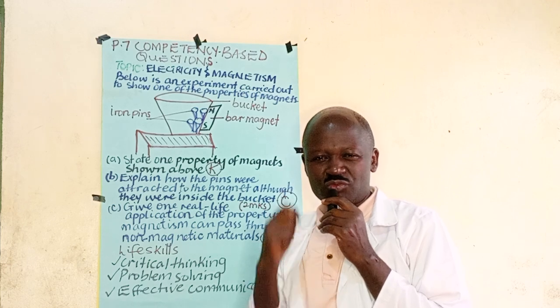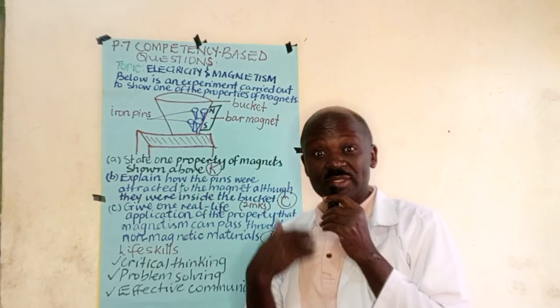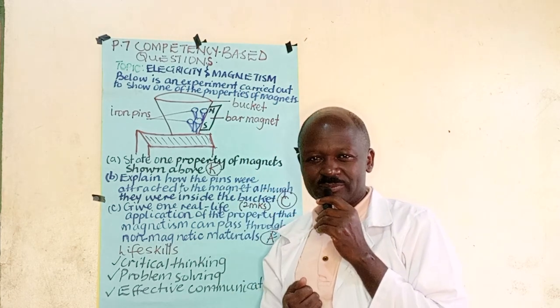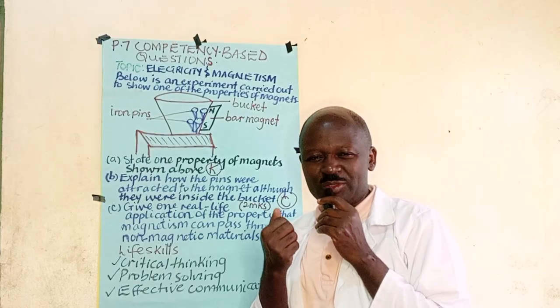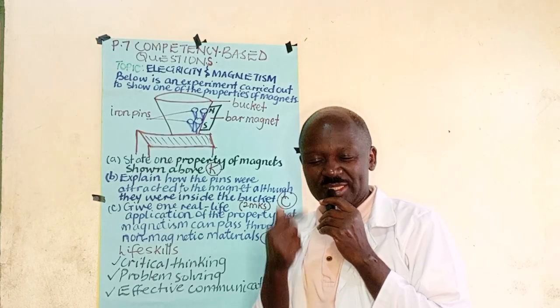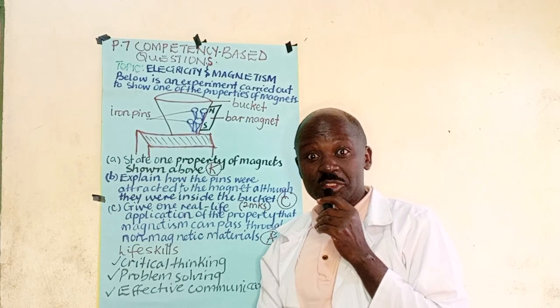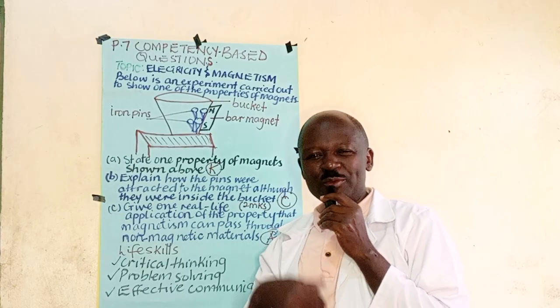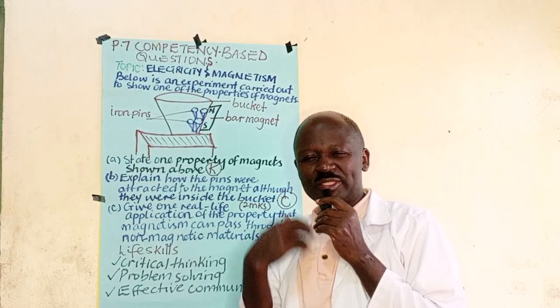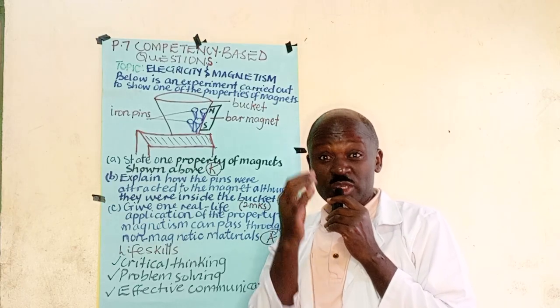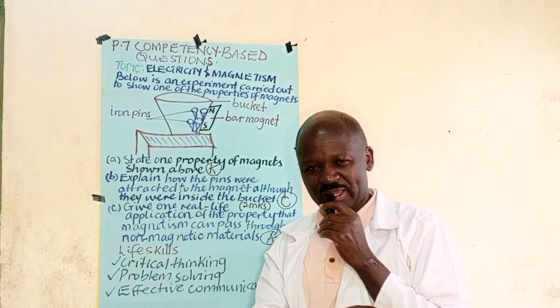If you tell them to draw like this diagram, they are communicating. Listening is part of effective communication in a science lesson. Labeling diagrams, they are communicating. So when we say effective communication skills, that's what we mean, dear teachers of science.